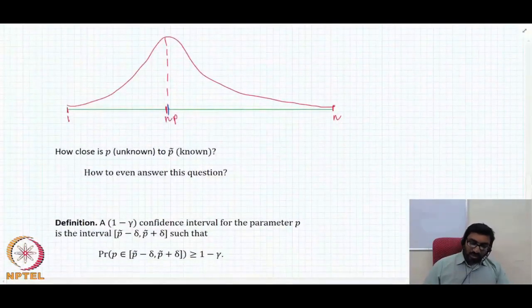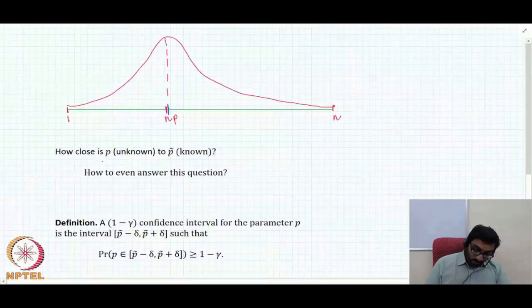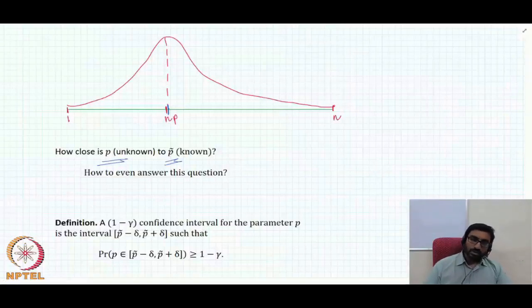Now the question is, how close is p, the parameter that we want to estimate, to p tilde, which is the estimate that we have of p. Notice that this question is not as straightforward as we may like it to be.